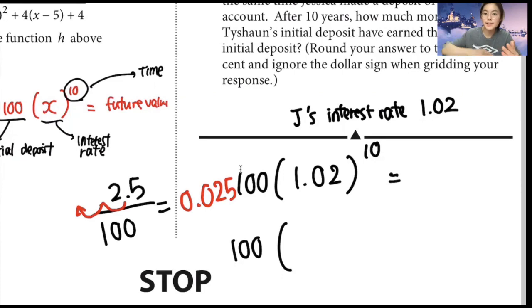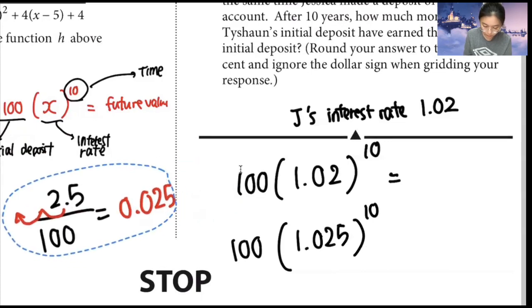It's something that's added. You're not subtracting 2.5%, so you can't just write 0.025. Aha, 1.025, because this increases by 2.5%. You can always check it by moving the decimal point, and that would be 2.5%. Well, anyways, times it by 10. Okay.